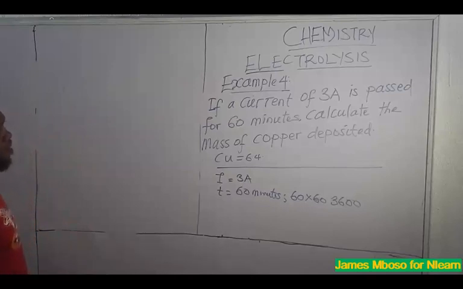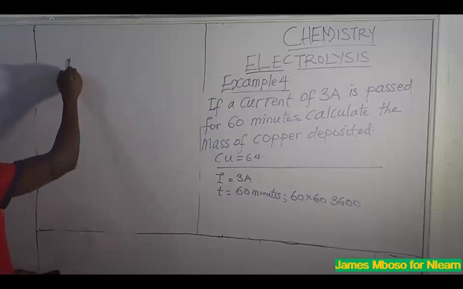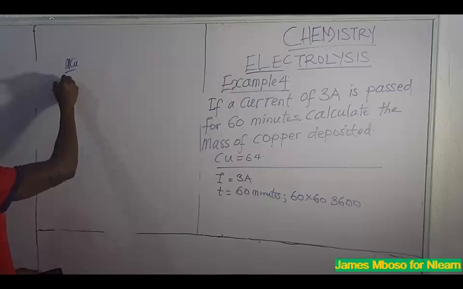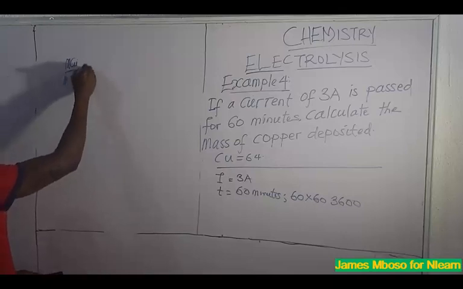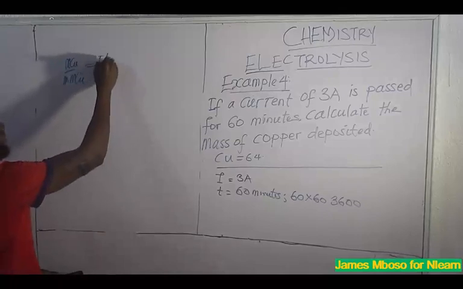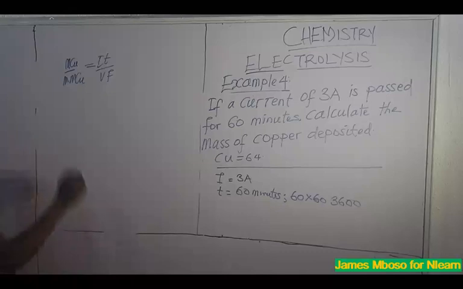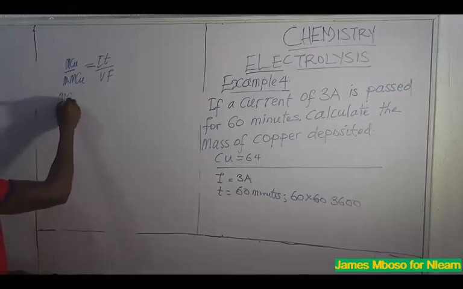We are looking for the mass. So we have to use a formula that connects the mass. We have mass of copper, molar mass of copper will now give us IT over VF. Our mass of copper is what we are looking for.